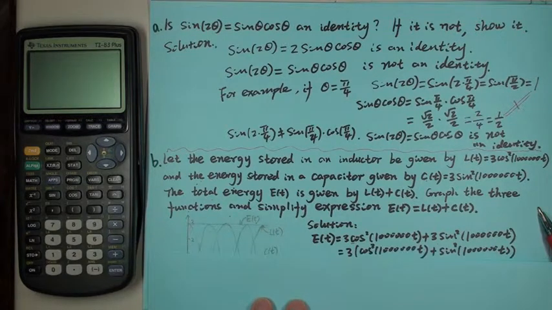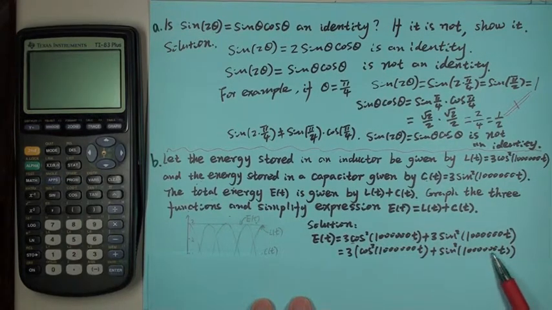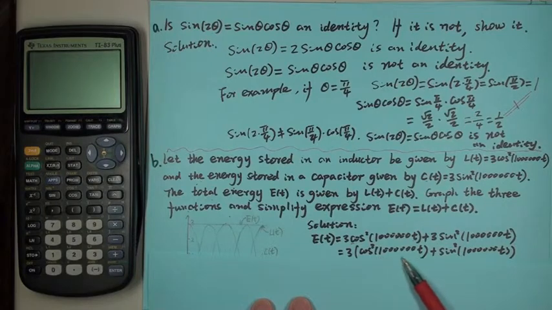If you pull 3 out, because there are 3 here, 3 here, then inside it will be cosine 1 million t squared. The second one is sine 1 million t squared. This is an identity equals what?